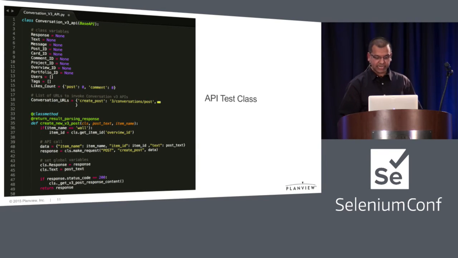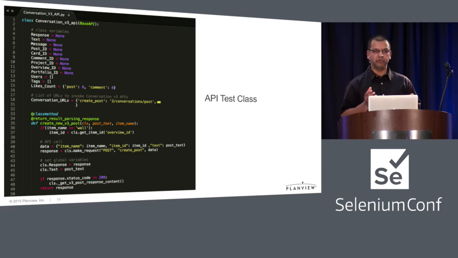So for each category or version of API, we maintain an API test class. An API test class contains different class variables to maintain the state of the API. It has a list of API URLs.